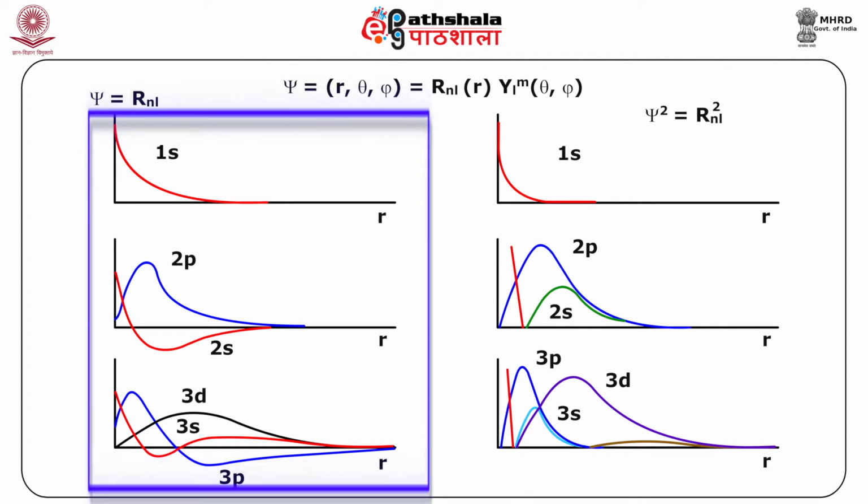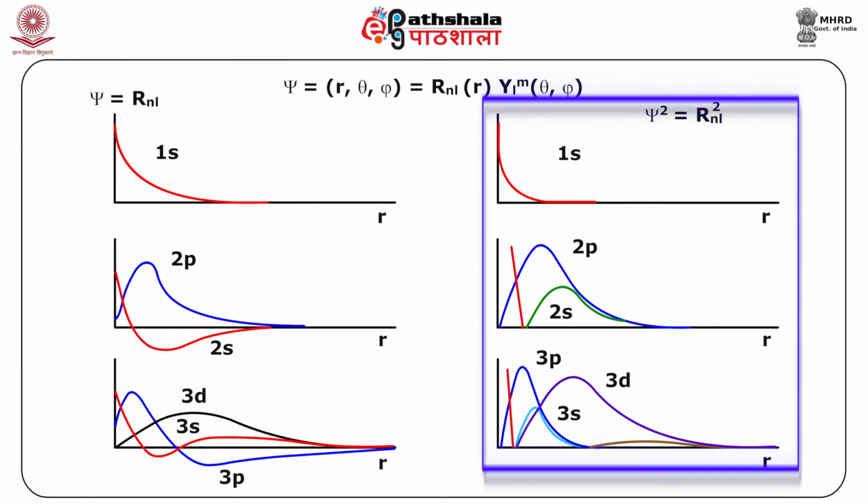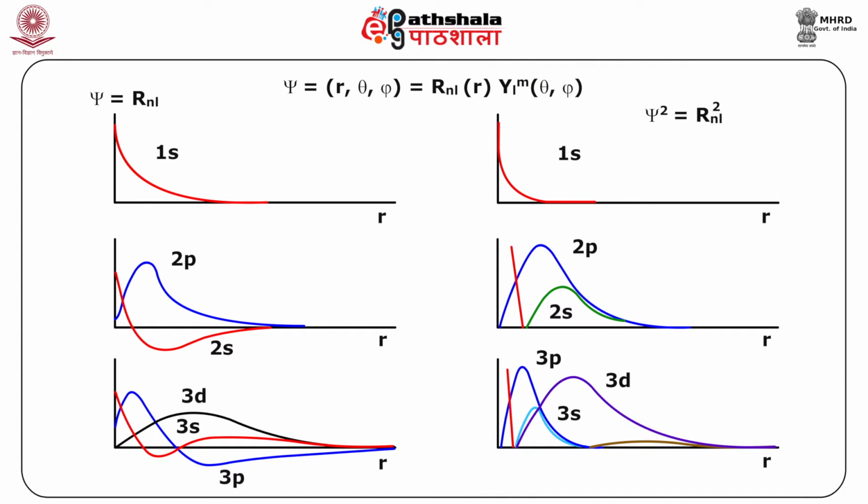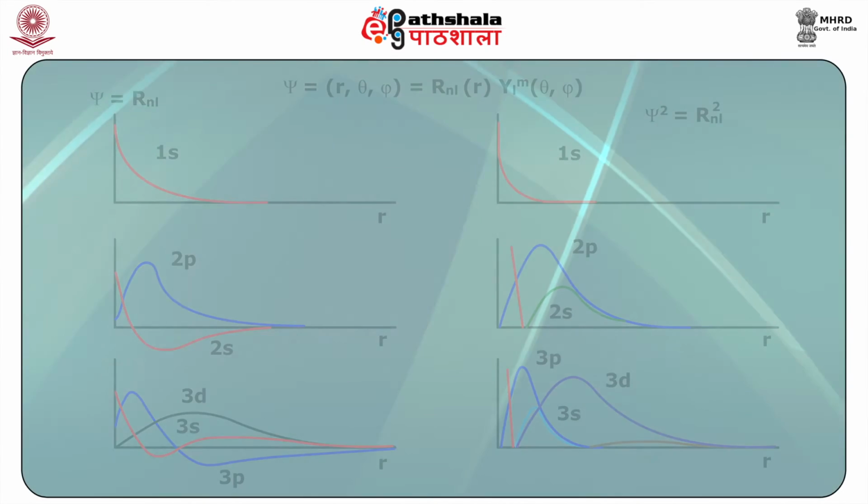On the left hand side, we have the variation of the wave function with r, whereas on the right hand side, we have the variation of the psi square, that is the probability density, with r. One thing which immediately strikes, if you look at the probability density for 1s, it shows that at r equal to 0, that means at the nucleus, probability density is maximum.